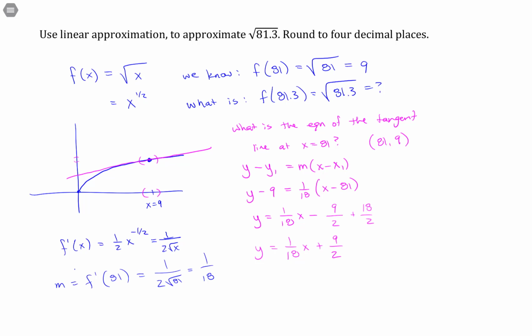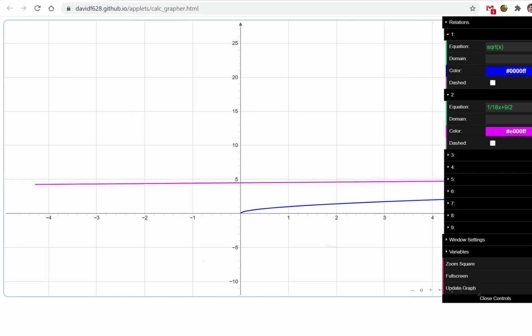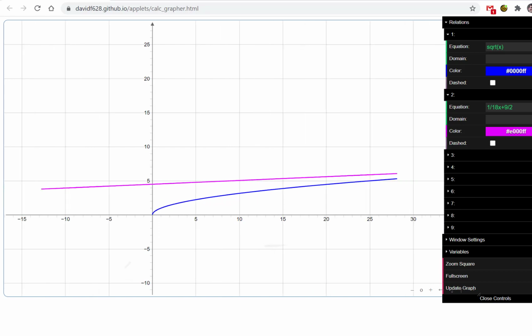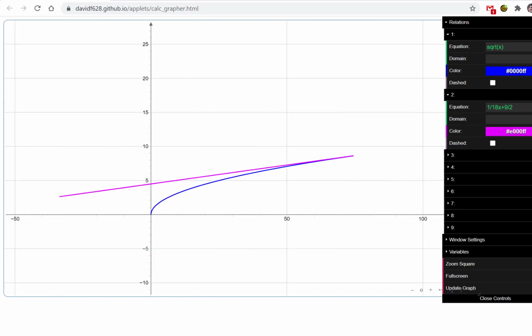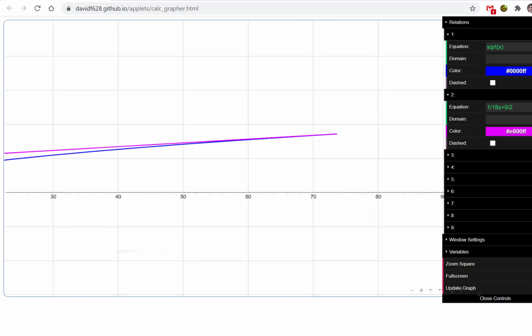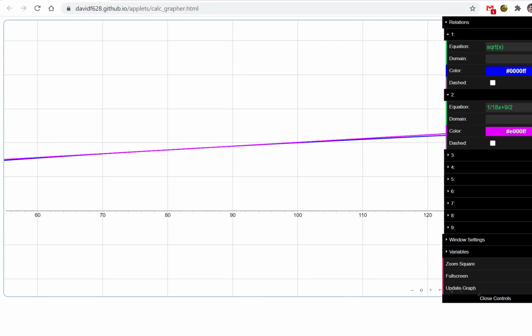All right, now let me take a look at a graph that shows this, the graph of the original function and its tangent line, so you can see what I'm talking about with the height approximations. Okay, this doesn't look too pretty just yet. I need to do some zooming to get a decent look at this thing, because remember, this is happening all the way out at x equals 81. All right, so there we're kind of getting close enough. All right, so at x equals 81, here's where my approximation is centered.